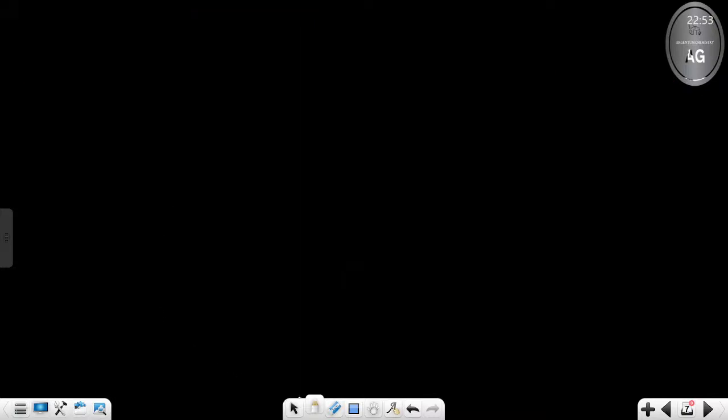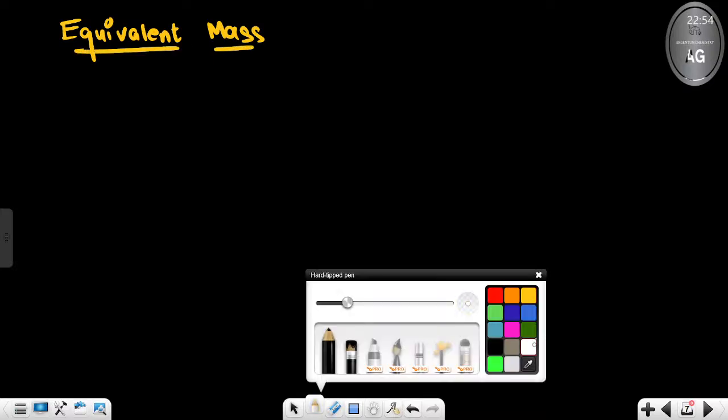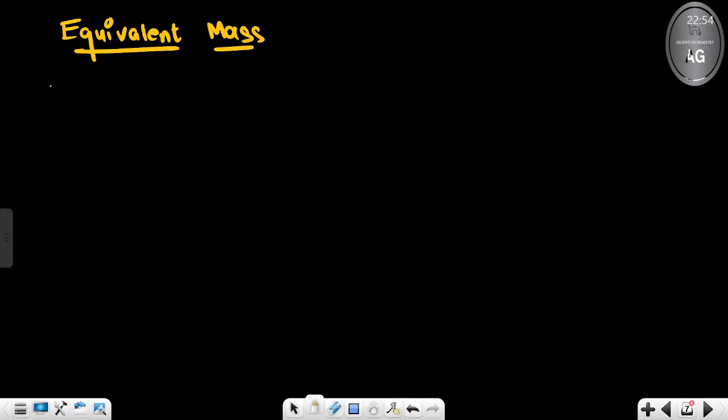So let's write it down. Though I should not discuss this in class 12 again, but I have to. We'll just calculate a few equivalent masses. I will tell you how to do that, and then you can move on to normality.